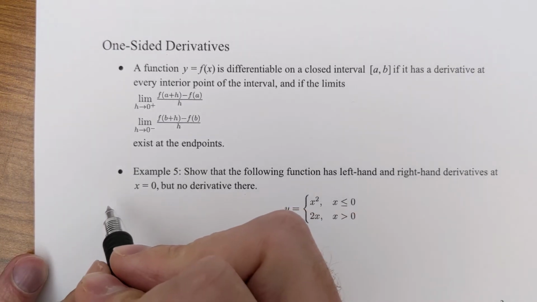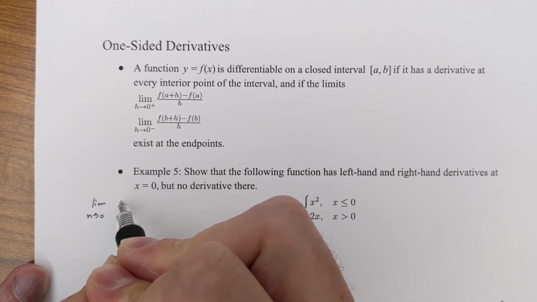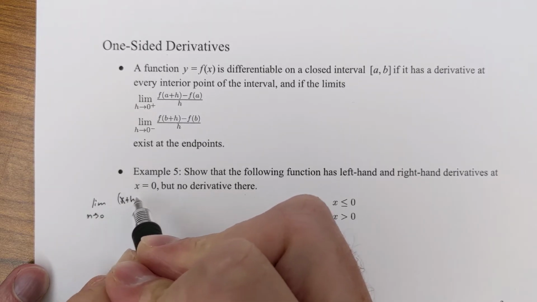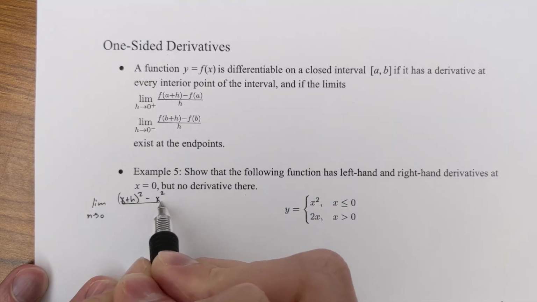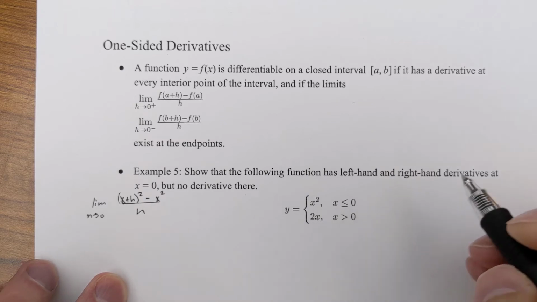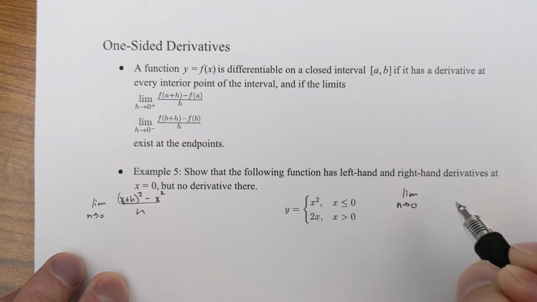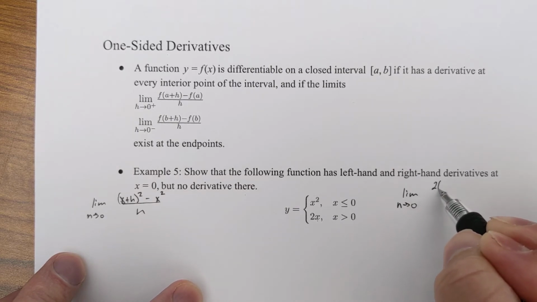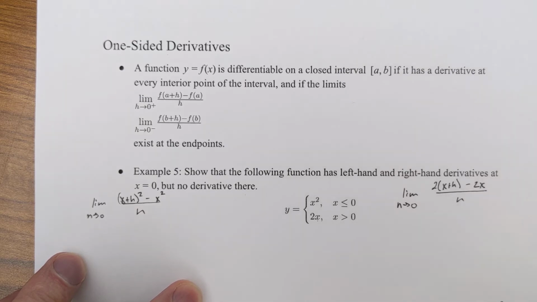So for x squared, we're going to use f of x plus h is x plus h squared minus f of x, so minus x squared, all over h. And we'll do the same thing for this one. Limit as h goes to 0, so f of x plus h is 2 times x plus h minus f of x all over h.